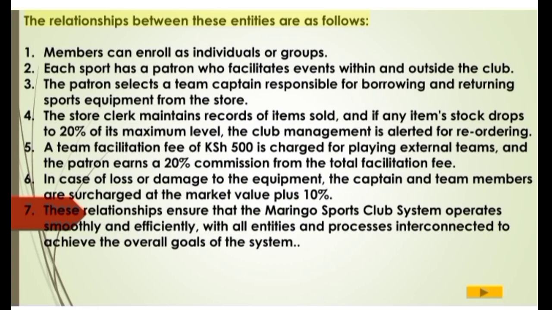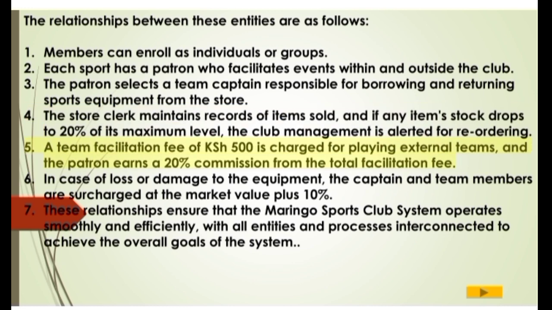The relationships between these entities are as follows. 1. Members can enroll as individuals or groups. 2. Each sport has a patron who facilitates events within and outside the club. 3. The patron selects a team captain responsible for borrowing and returning sports equipment from the store. 4. The store clerk maintains records of items sold, and if any item stock drops to 20% of its maximum level, the club management is alerted for reordering. 5.